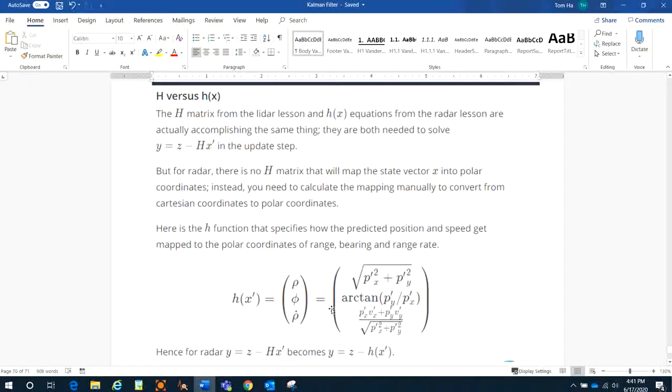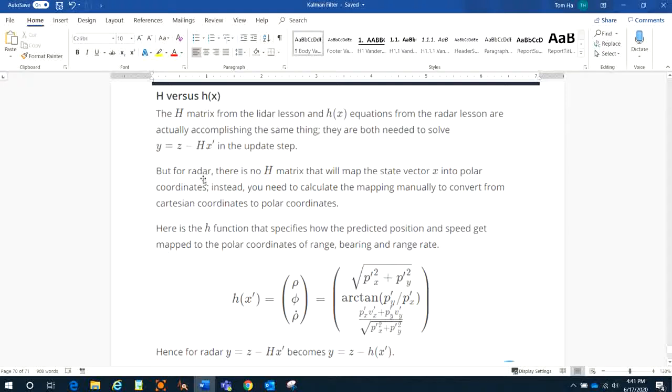Generally, we have the H matrix from the LiDAR lesson, and the equation from the LiDAR lesson accomplish the same thing. They both need to show the measurement update: y equals z minus H x prime. But with the laser sensor, H is a measurement matrix that is really easy to derive because we are in the Cartesian coordinate system.